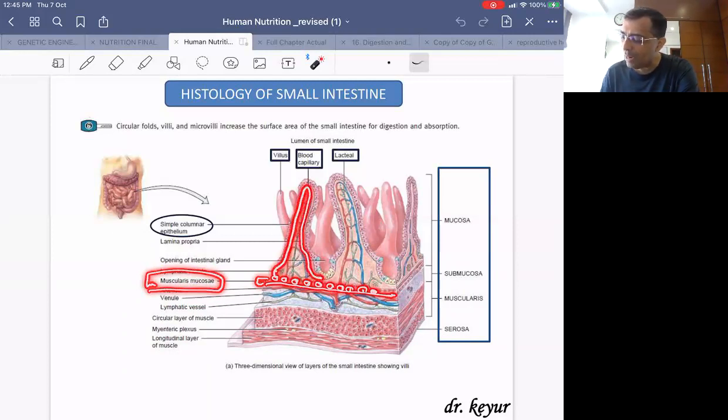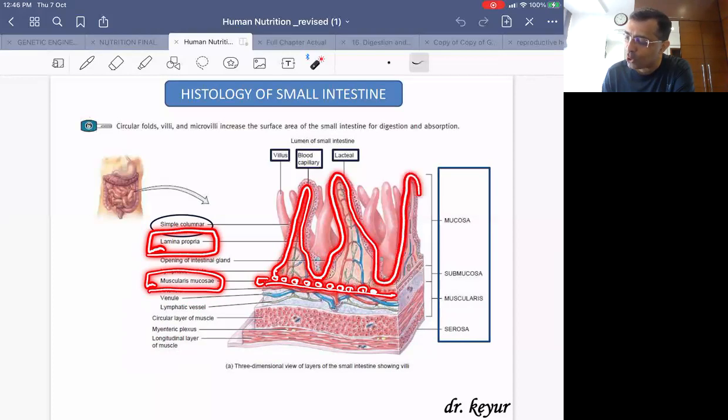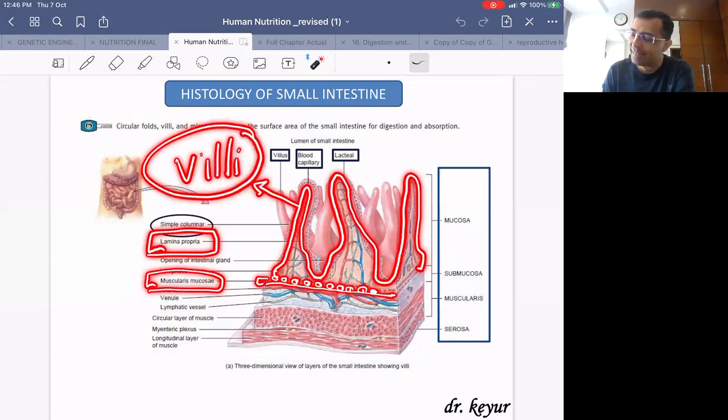And this lamina propria is made of white fibrous connective tissue which forms finger-like projections into your small intestine, and these finger-like projections are called villi. Singular villus.